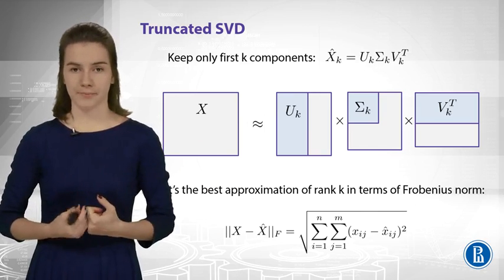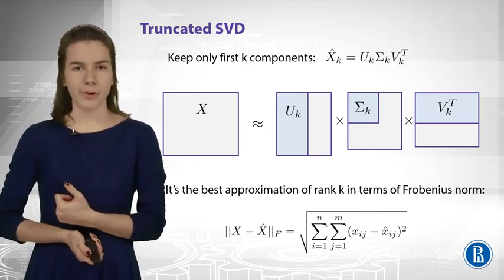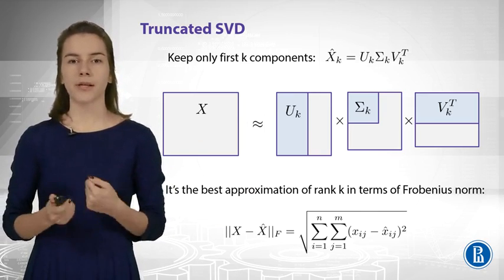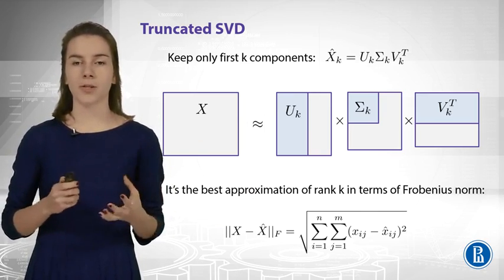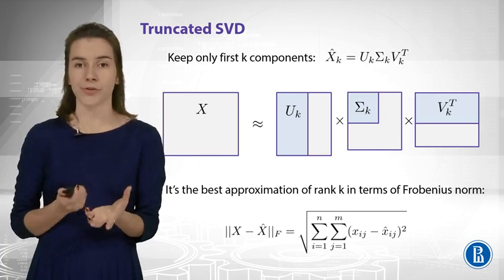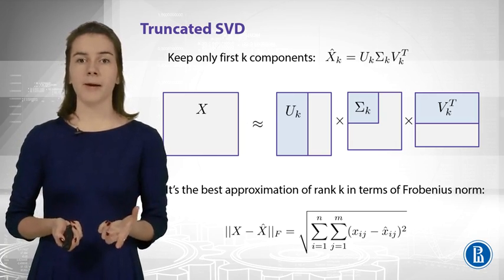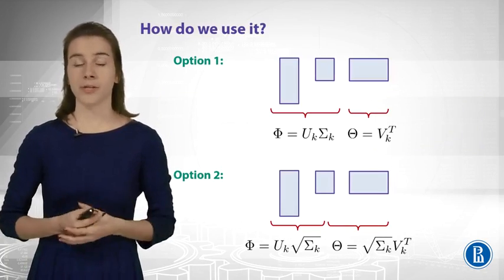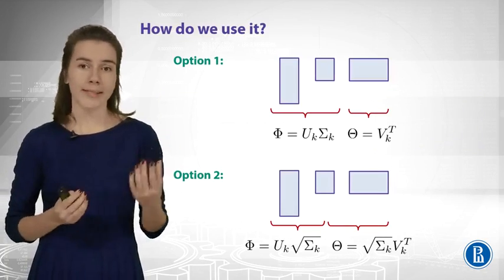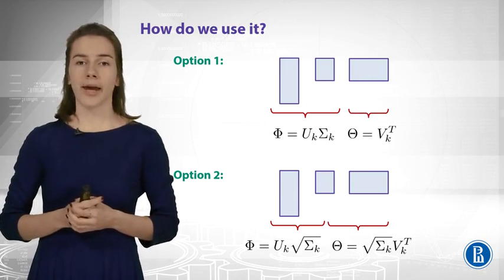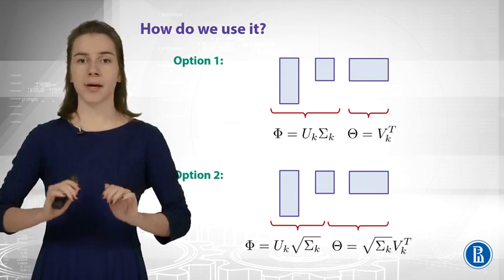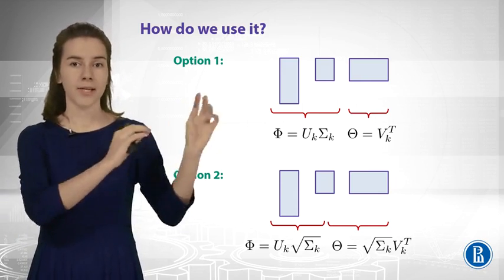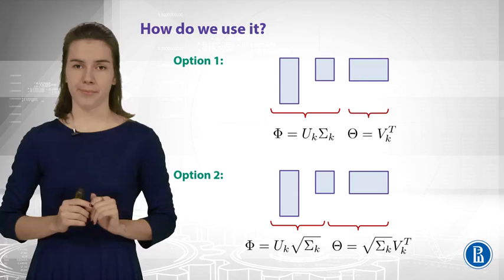Now, do you remember that actually in the previous video we were going to factorize our matrix into two matrices, not into three matrices? Okay, well, what can we do about it? We can just use some heuristics actually. So one idea would be to say, okay, let us take the first and the second matrix and put them to phi matrix, and then the last one and put it to theta.